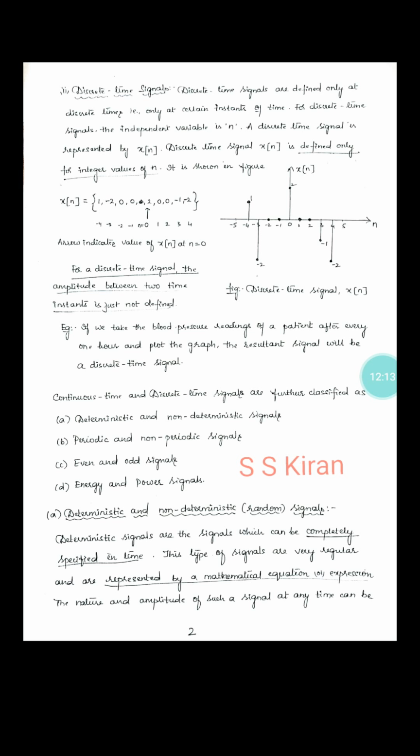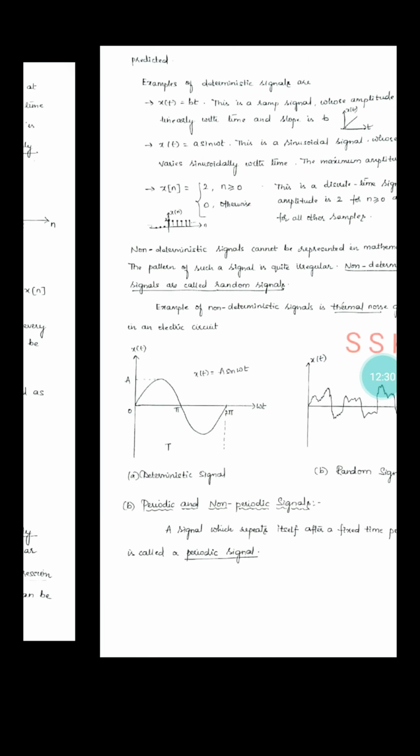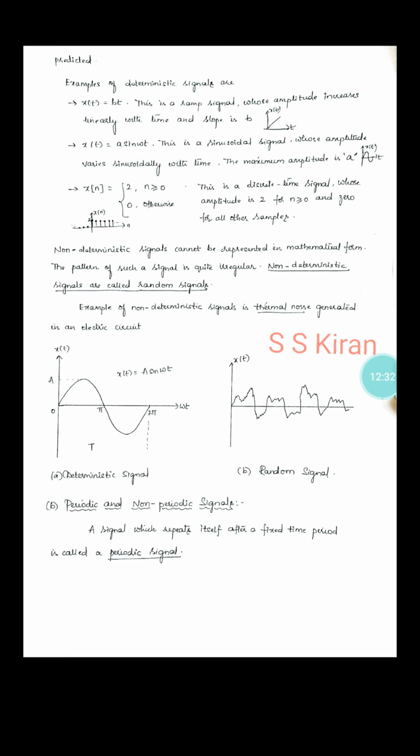That's why we call it random. A deterministic signal we can simply represent by a mathematical equation. The nature and amplitude of such a signal at any time can be predicted.